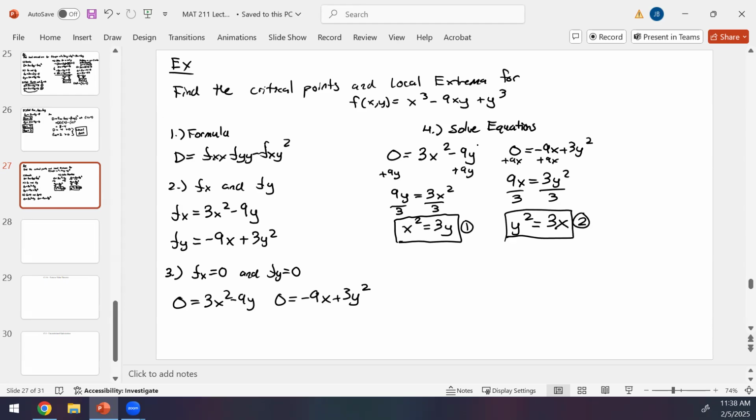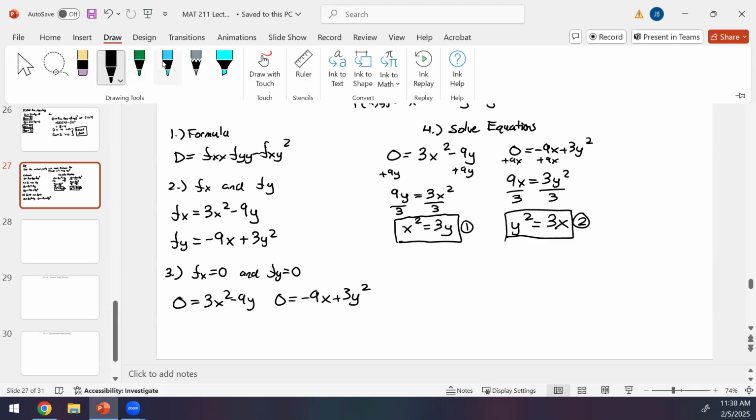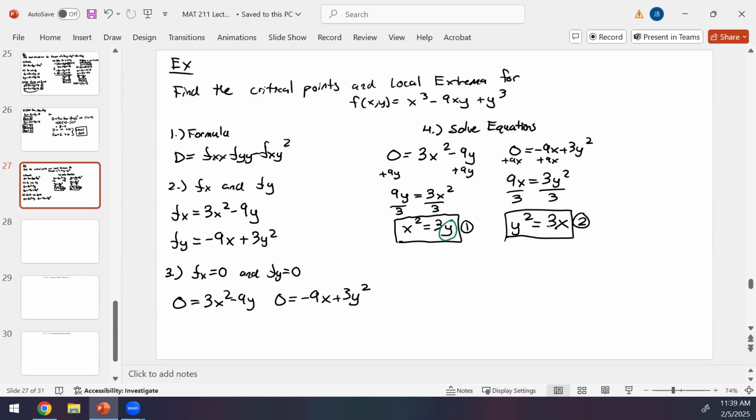And so you look at these together and you say, is there anything that I could do where I could maybe substitute one of them into the other? And then you keep looking and you realize, you know what? What if I took this y value right here, got it by itself, and then plugged it into here, right?